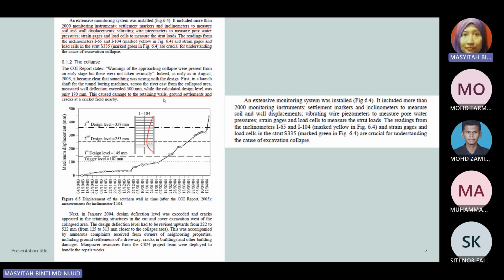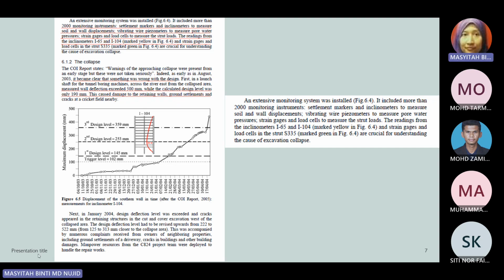I mean, when you design and analyze, you may say that your design is correct. But once you go to the site, you face obstacles and unexpected things. For example, changes of water content, changes of groundwater level, and sudden displacement will bring you a difference from what you calculated earlier.